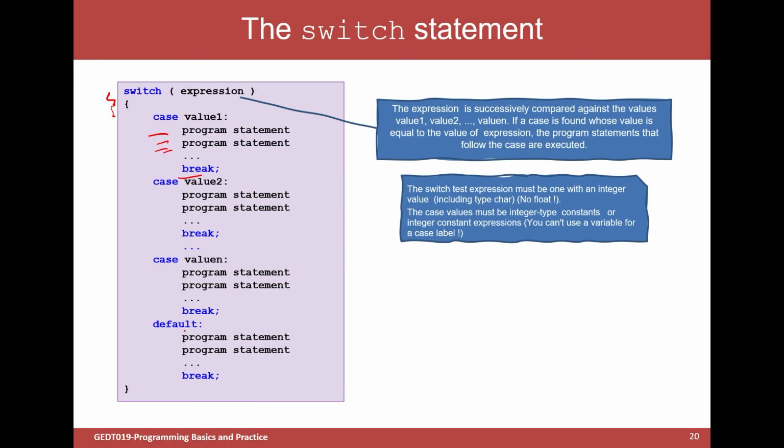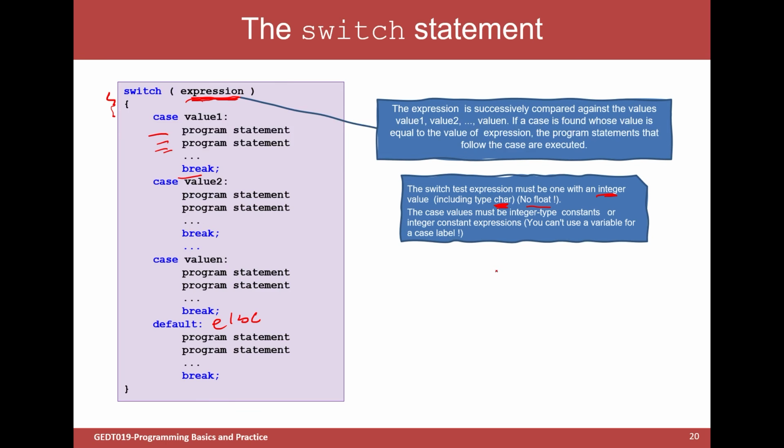Default, this is the else situation. If none of these cases match, it will run the default, and then a break. And another thing, as I told you, this expression must be integer. It must be character data type or integer data type, but no float.